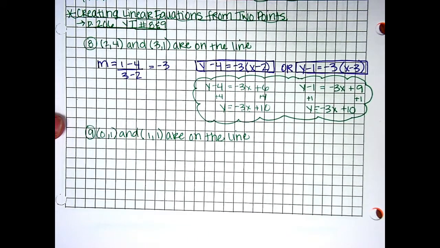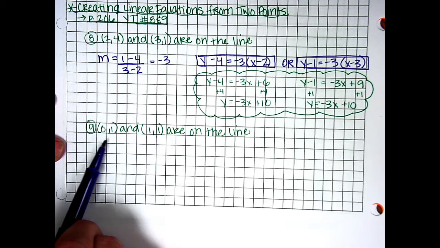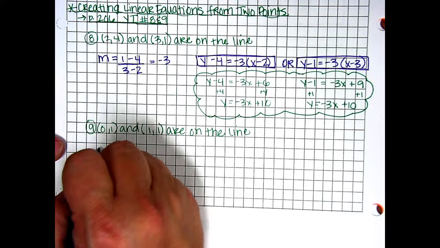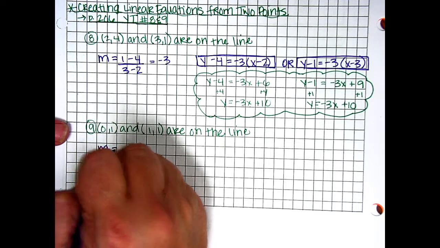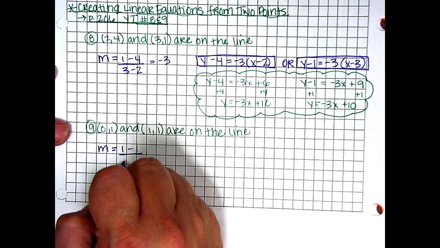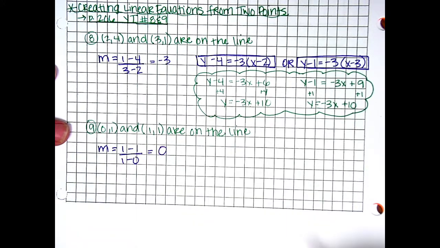Okay, and then number 9, (0, 1) and (1, 1) are on the line. So I have m equals 1 minus 1 over 1 minus 0, which is going to give us a 0 slope.